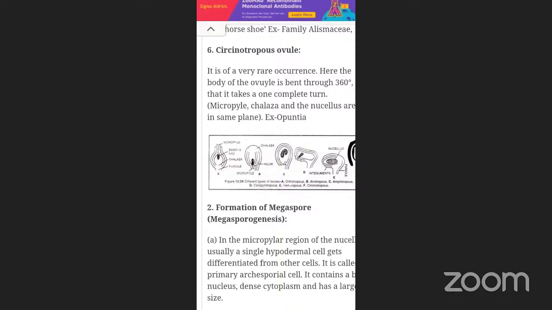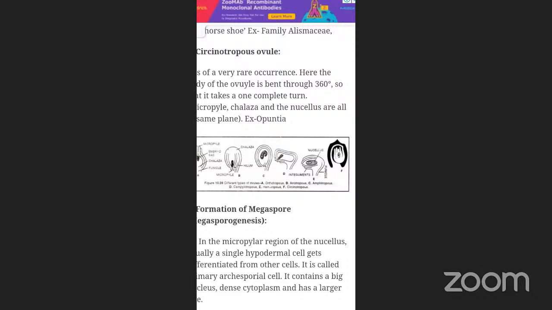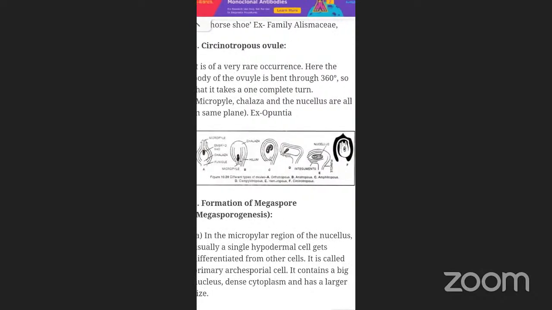Next is the campylotropous ovule. Here the ovule is curved, modified into a small curve-like structure. We can see campylotropous ovules in Chenopodiaceae and Capparaceae.